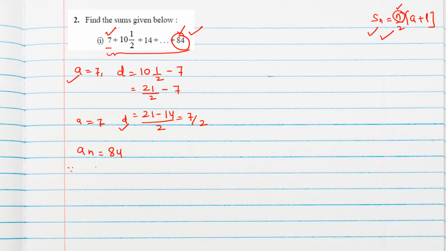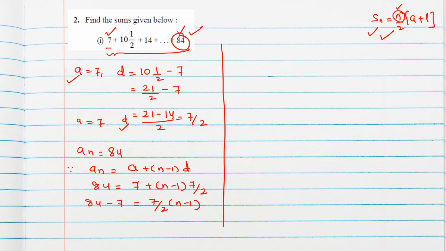Since an is a plus n minus 1 d, and we know an is 84, a is 7, n is not given, d is 7/2. So 84 minus 7, we can write 7/2 into n minus 1.